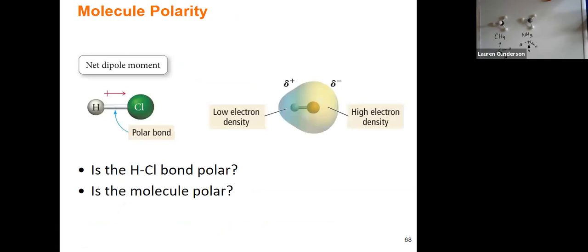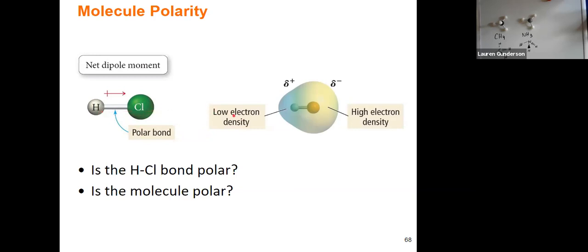Okay, so this is an example of a polar bond. You have hydrogen on one end, chlorine on the other end. Chlorine is far more electronegative than the hydrogen. So the electrons are going to travel towards the chlorine. When that happens, the hydrogen ends up with a partial positive charge. It's not fully positive. It's just that the electron density of the hydrogen has been decreased.